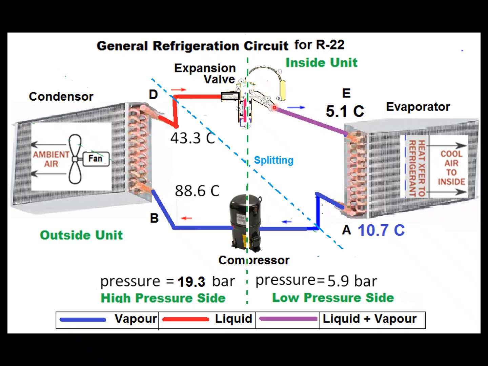Now here it is in vapor and liquid form, and the evaporator converts it into vapor form, and this vapor is pressurized through a compressor, which adds heat, so the temperature increases.